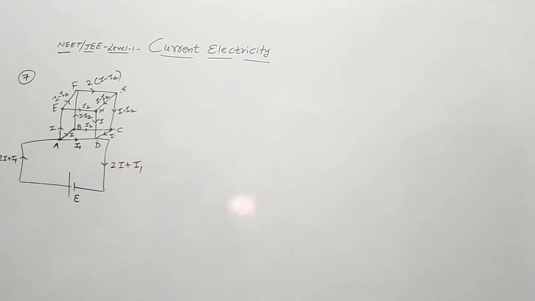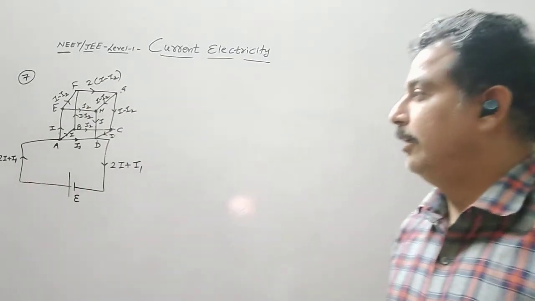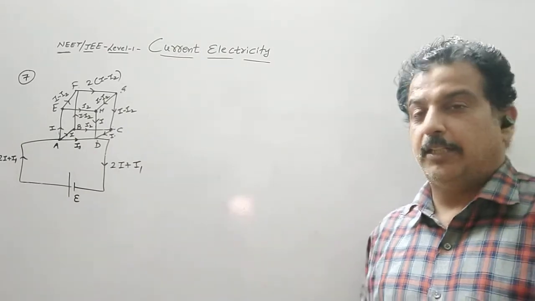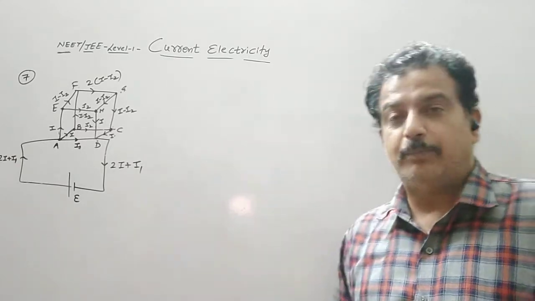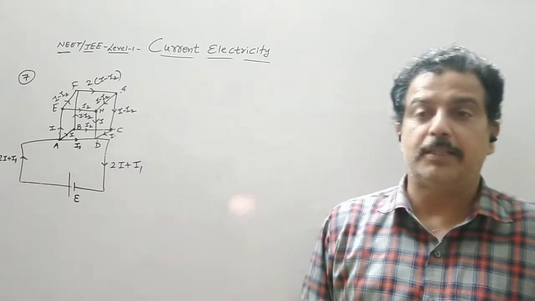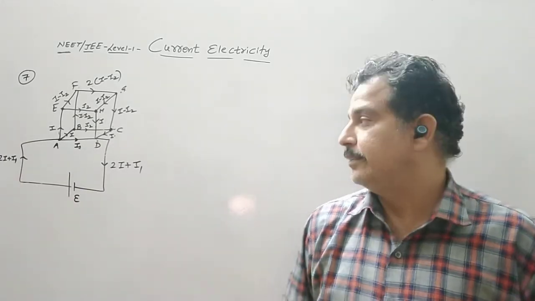If the distribution is done correctly, only then can you proceed further. First you have to check whether the junction rule is applied properly or not. Our input current was taken as 2I plus I1, so the input current is taken according to our convenience.